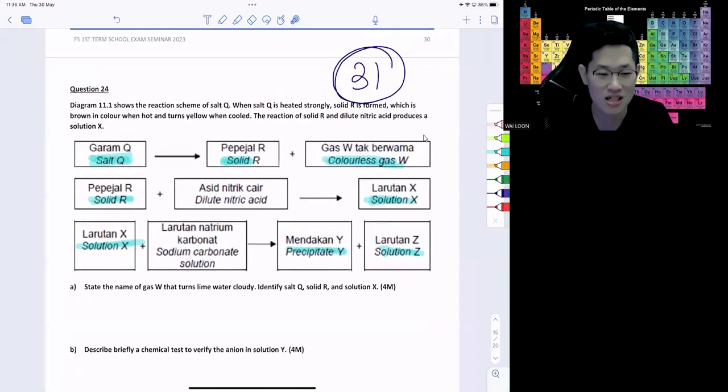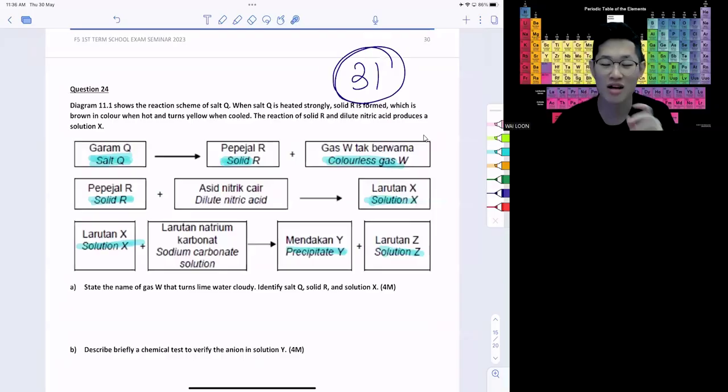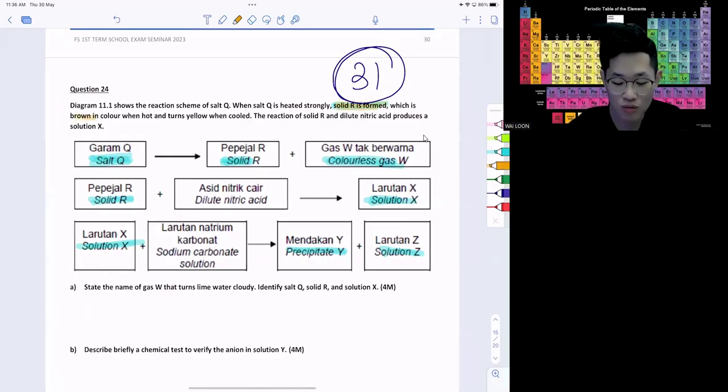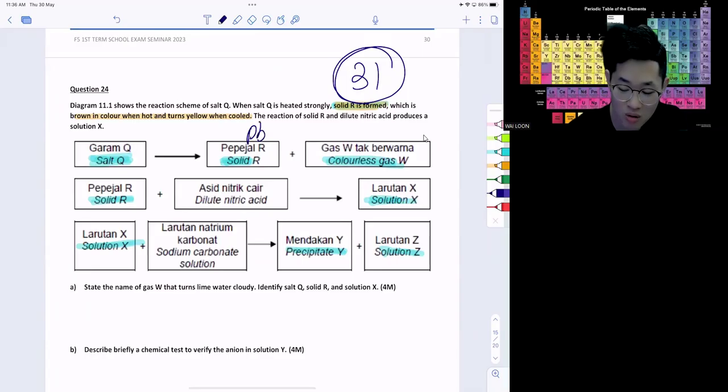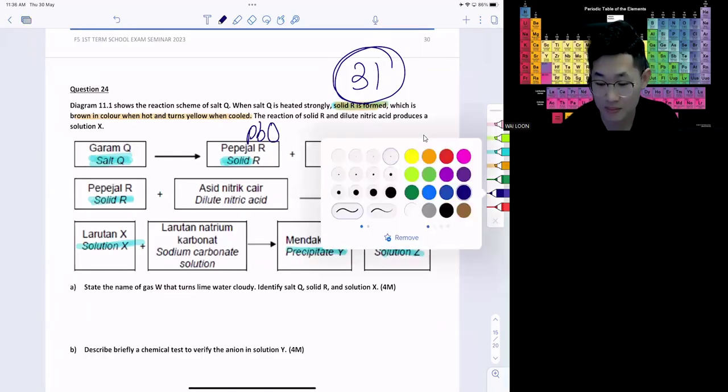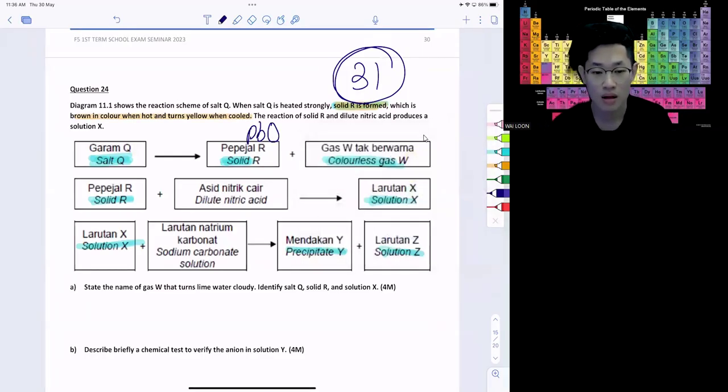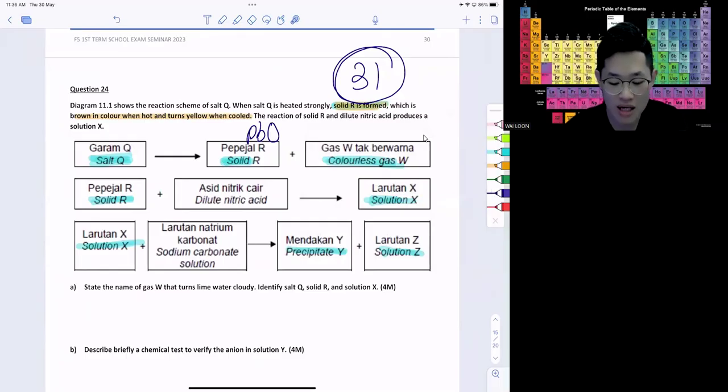For this question, for salts, it's very important to read the questions because sometimes they will hide some information in the questions, which says solid R is formed. The solid R is brown when hot, yellow when cold, that's our PbO.